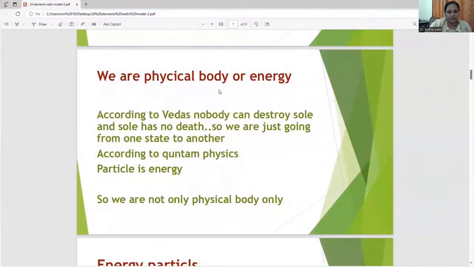As I already said, we are a physical body and energy, but we are not only a physical body. According to the Vedas, nobody can destroy a soul, and the soul has no death. So we are just going from one state to another state, and according to quantum physics, a particle is energy, and we can convert energy from one state to another, but we cannot destroy it. So we are not only a physical body.